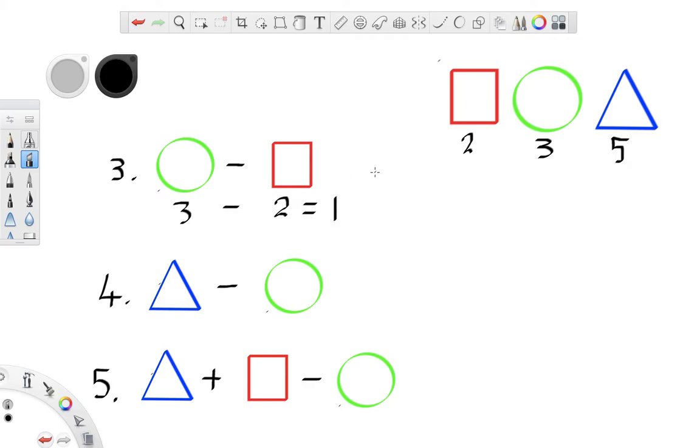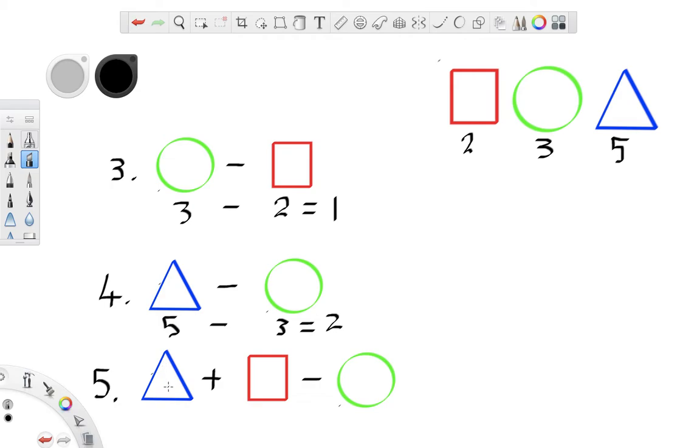Then question 4 is the blue triangle minus the green circle. So the triangle is the number 5, and our green circle is the number 3. So that's 5 minus 3, which is equal to 2.